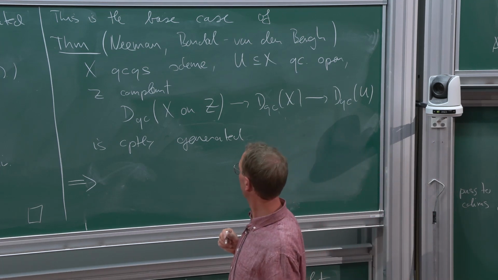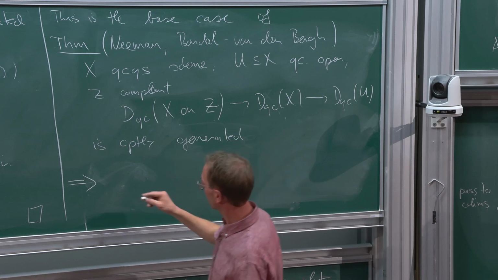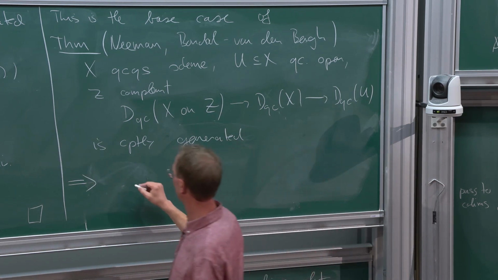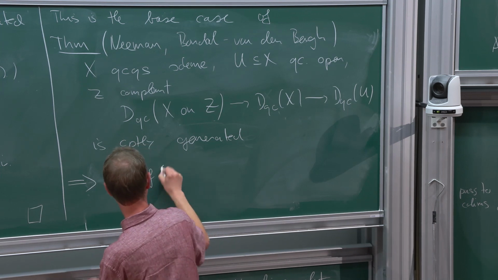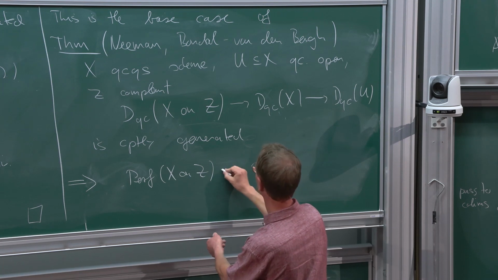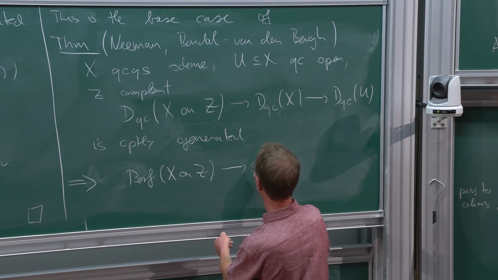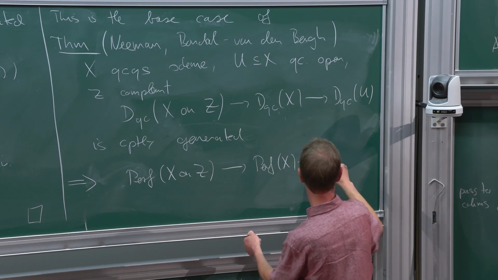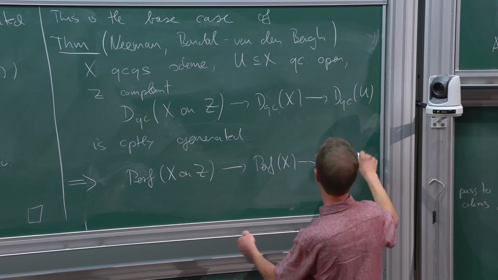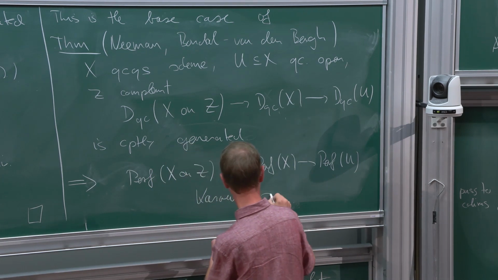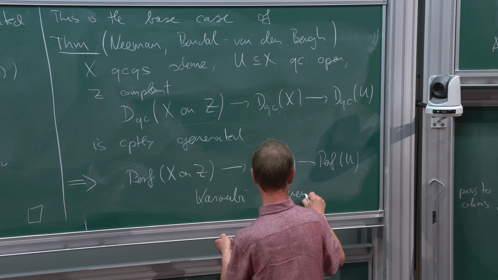That's always fully faithful. And so we have the sequence, and now this means we can apply this Thomason-Neeman localization theorem and deduce that we have a Karoubi sequence, Perf of X on Z. Okay, I just forgot that one should also mention probably. So first of all, let me finish this. This is a Karoubi sequence.